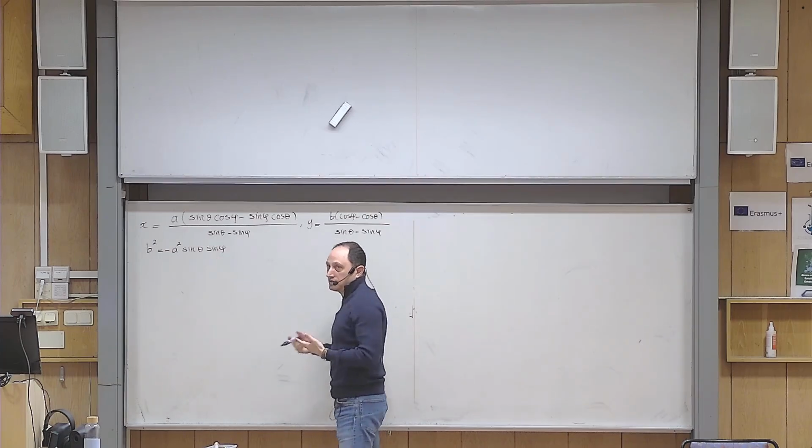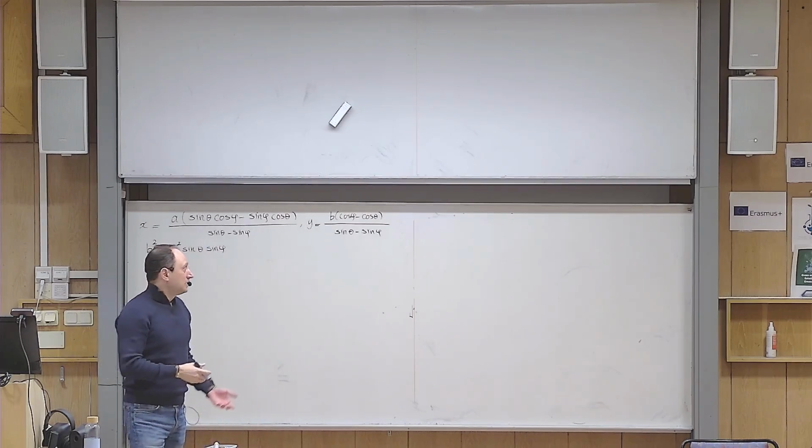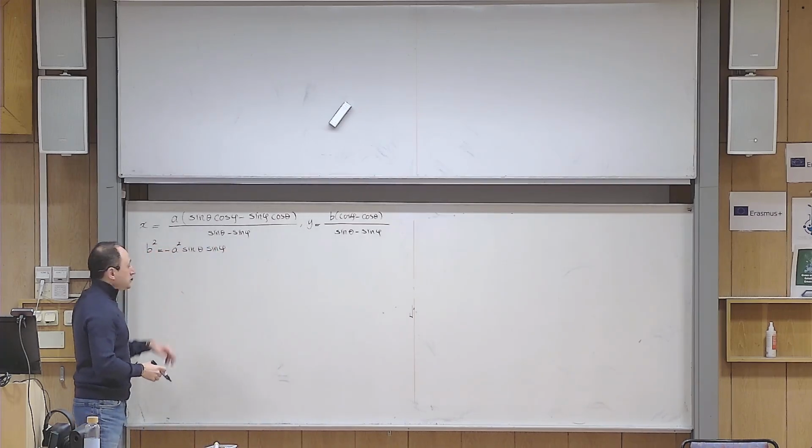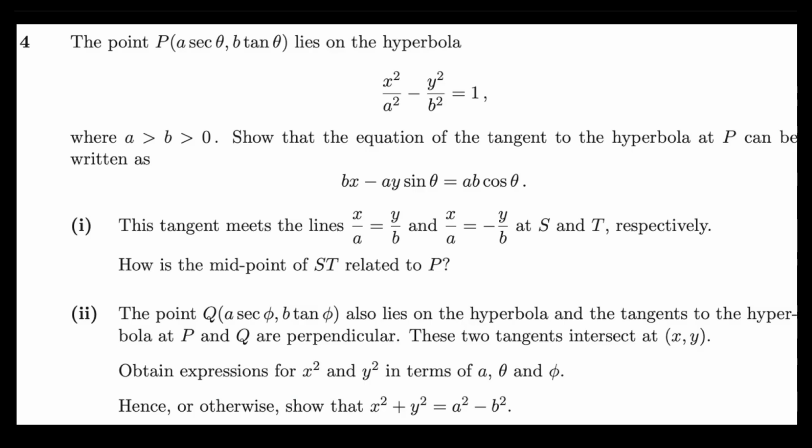So writing x squared and y squared in terms of those parameters is just raising them to power 2 and using this one. So if you don't mind, let us just solve the last part of the problem. So we want to prove that x squared plus y squared is a squared plus b squared. Oh, I wrote a squared plus b squared. No, the correct version is a squared minus b squared. We want to prove this one.